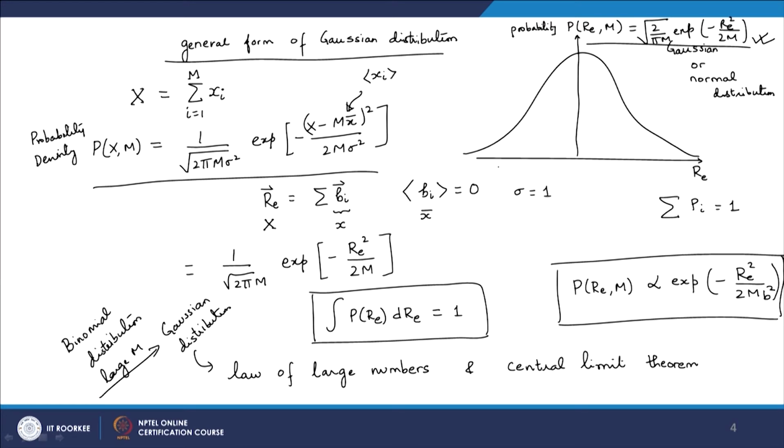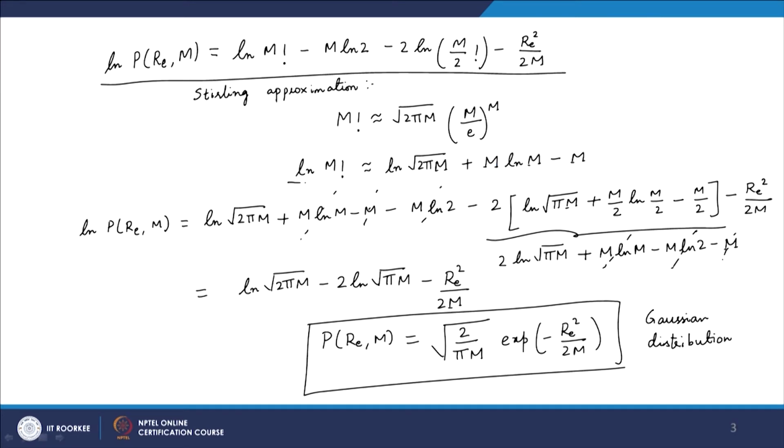So, in fact, it turns out that although we started from this particular Stirling approximation, we could have started with a simpler Stirling approximation, assuming that the first term is smaller compared to the other.